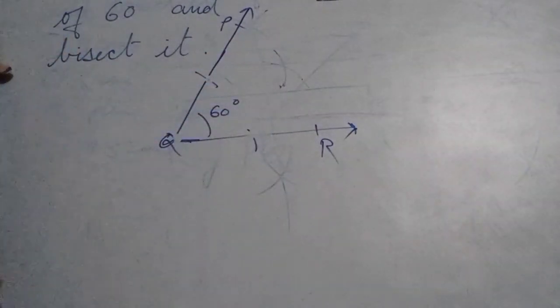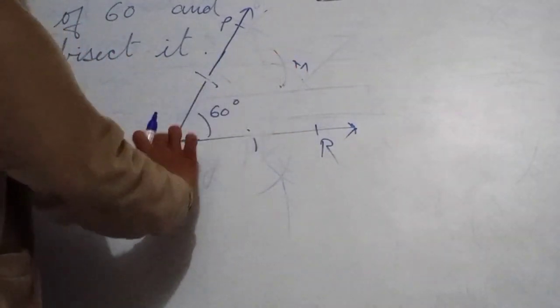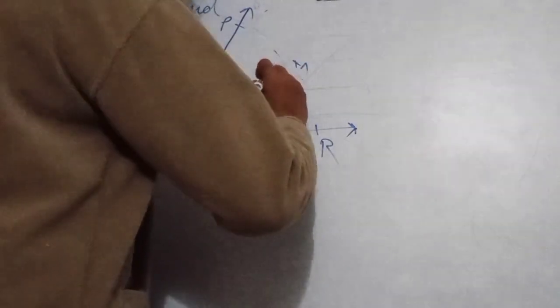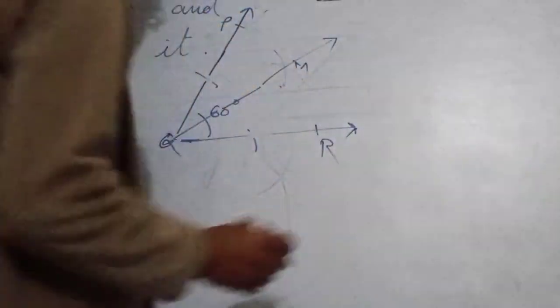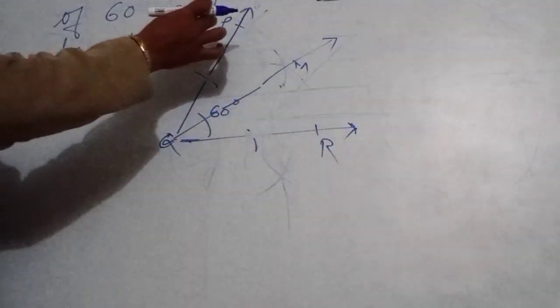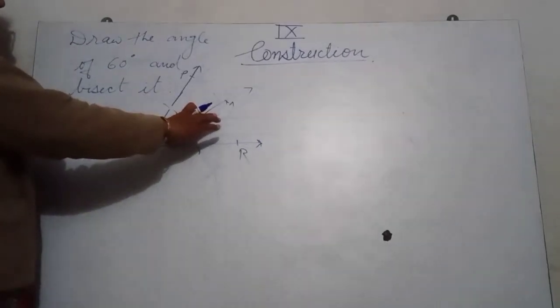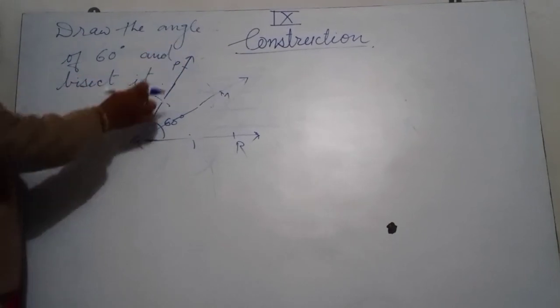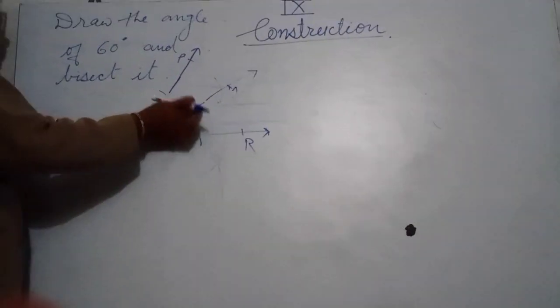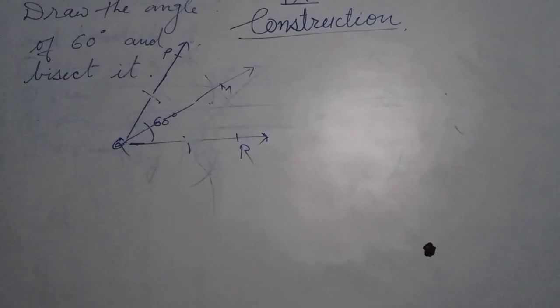We are following the same distance. And now join, suppose this point is M. Now join this point Q and M by a dotted line. This is the angle bisector of angle PQR. This ray QM divides angle PQR into two equal angles or two equal parts. Okay?